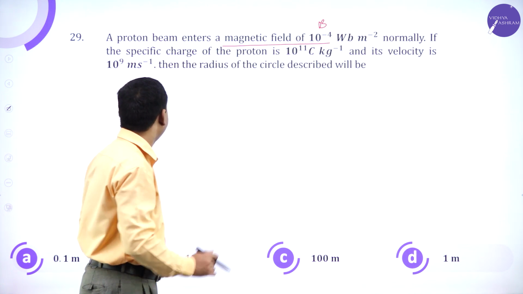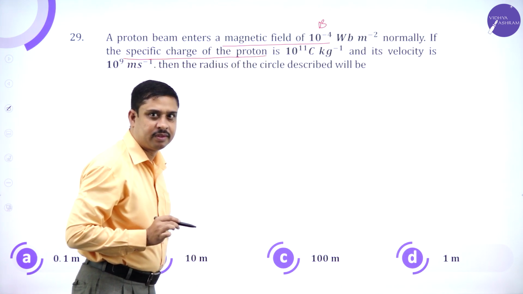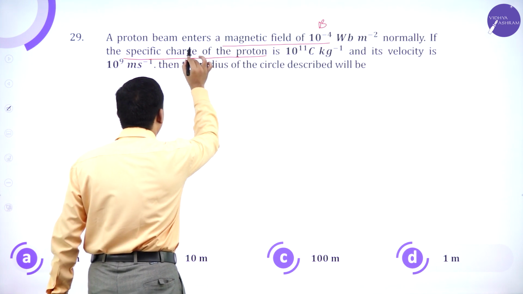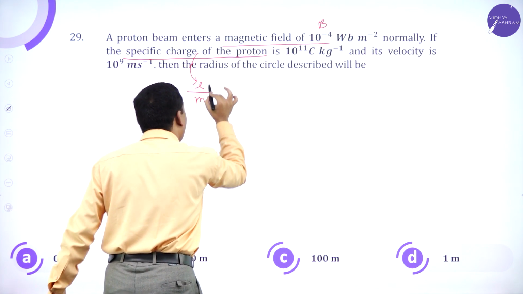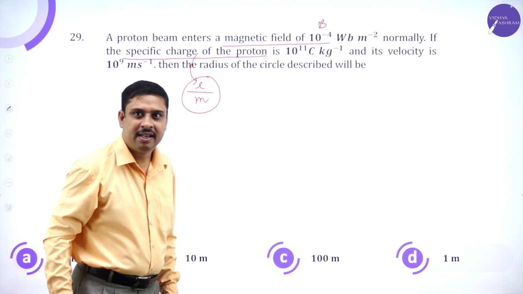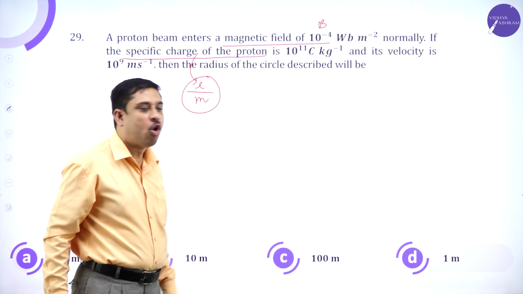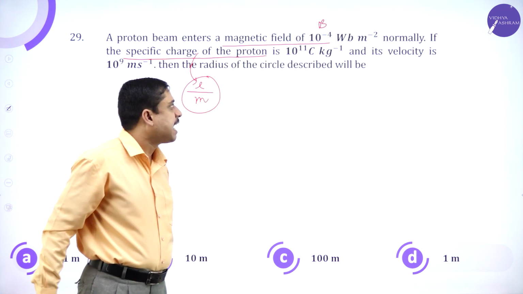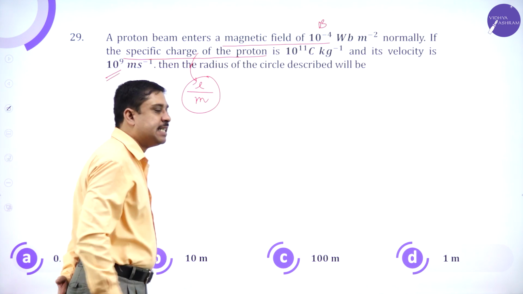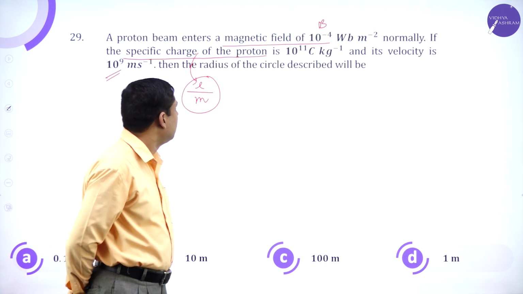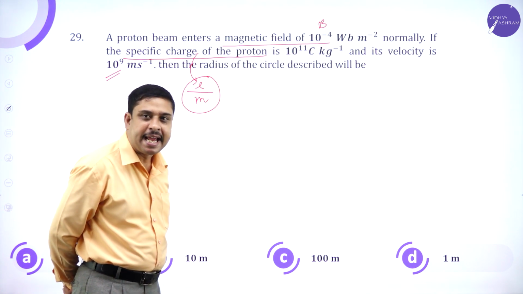Normally, if the specific charge of the proton, specific charge is nothing but the ratio of charge to mass, which we call E by M. This E by M ratio, specific charge, is 10 power 11 and velocity is 10 power 9. Radius of the circle described.